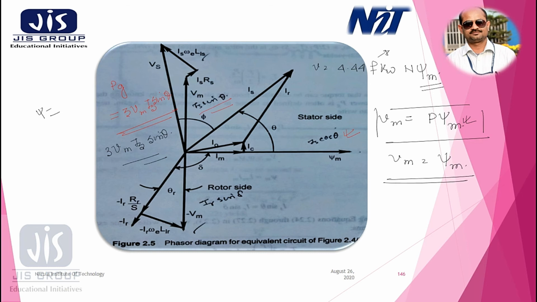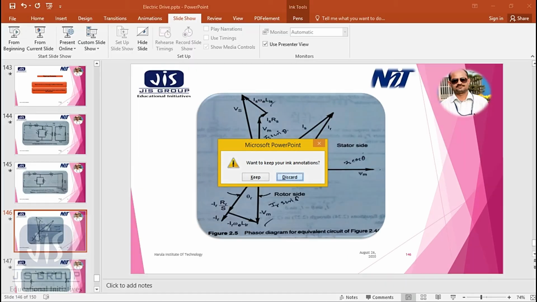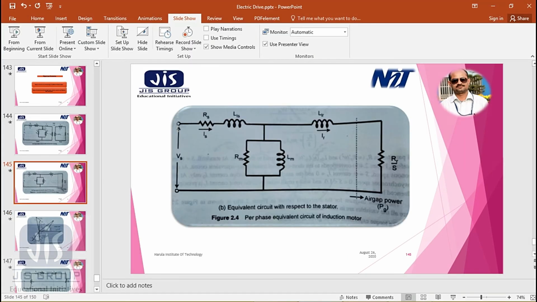So here L is Lm and current is Im, because this phi m is responsible for this current Im, and the shunt branch parameter is Lm. So it is Lm into current Im through this branch.